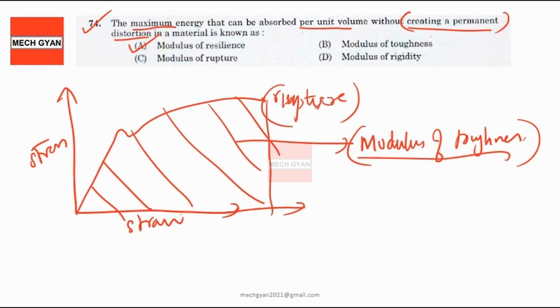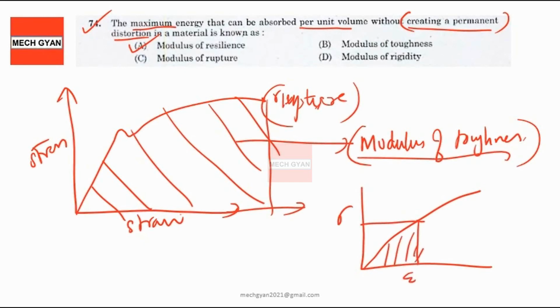Now the area under the stress strain curve up to the elastic point, or proof stress limit, is called modulus of resilience. So it doesn't create a permanent deformation.